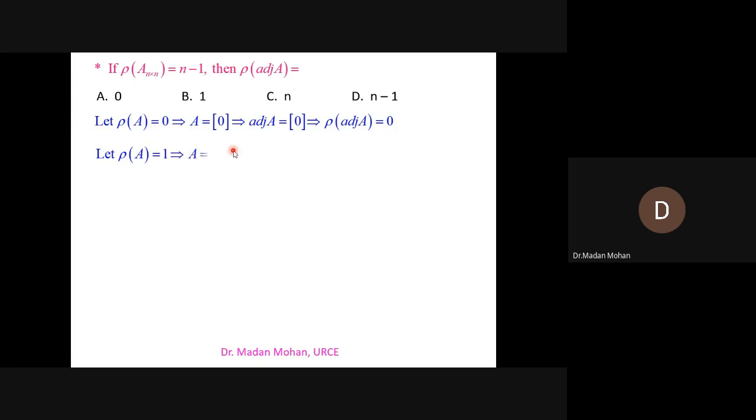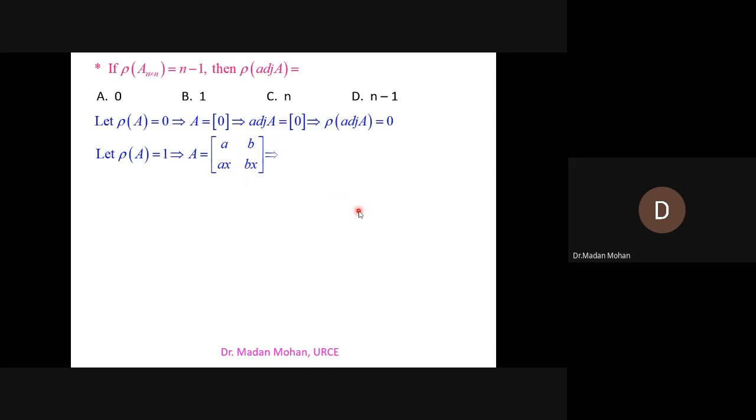Then your A contains, please observe, I am taking 2 cross 2 now: A, B, AX, BX. The second row depends on the first, because the rank of A is 1. Second row or second column, I am taking like this. When rank is 1, your A should be like this.